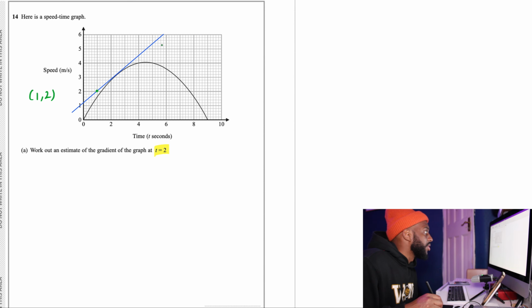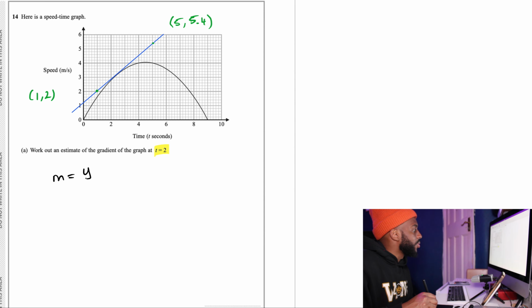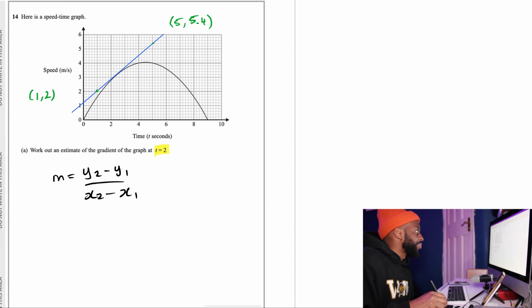And we find another nice point, and it goes through this one there. So that is going to be 5, 5.4. To find the gradient, I'm going to use the following formula. Gradient equals change in y, which is our y2 minus our y1, over our x2 minus our x1.